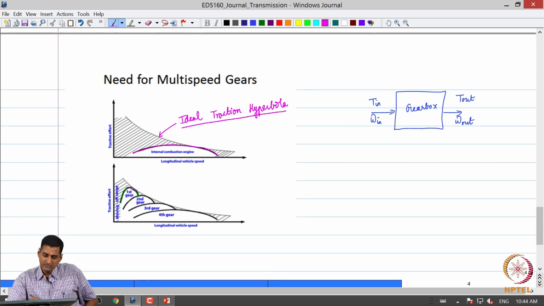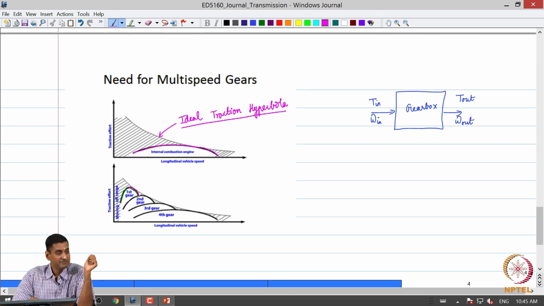As we go to higher speeds, this scaled curve is going to move away from the ideal traction hyperbola. Then we will feel the engine dragging, because the engine output is not able to meet the requirements which are essentially coming on the powertrain.